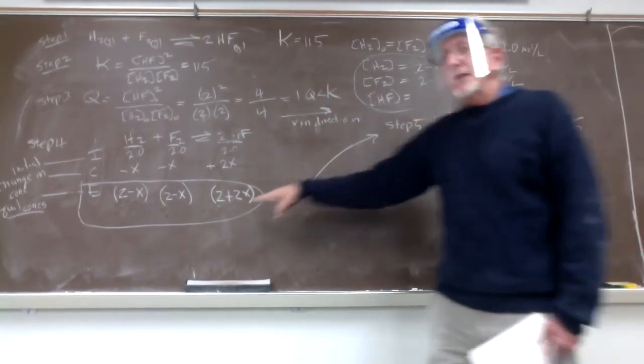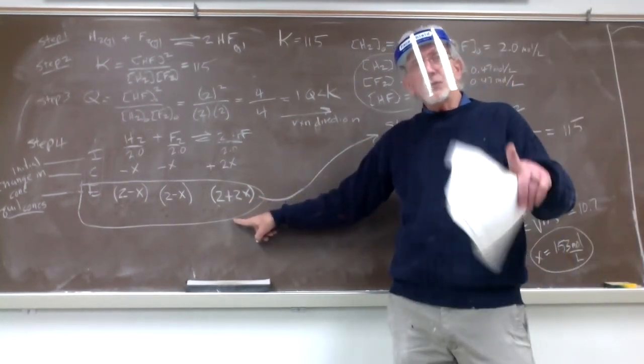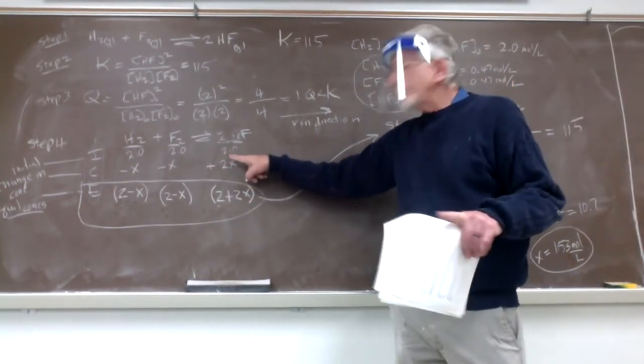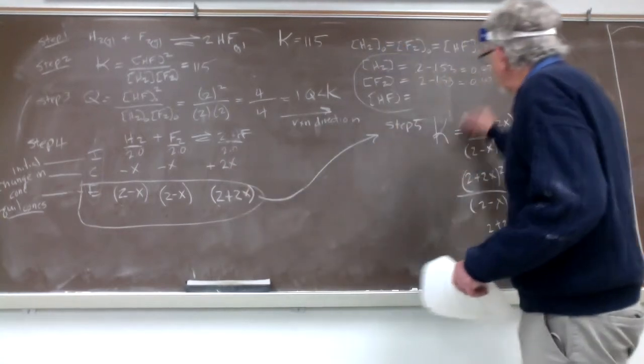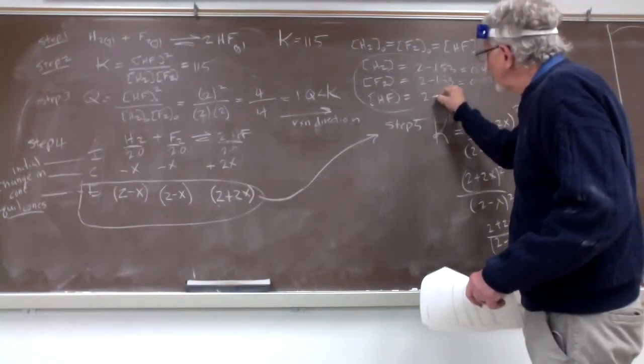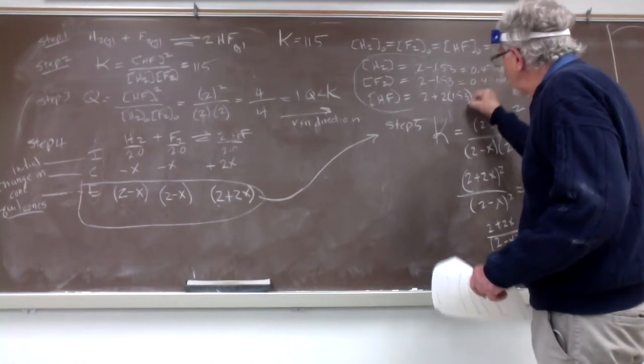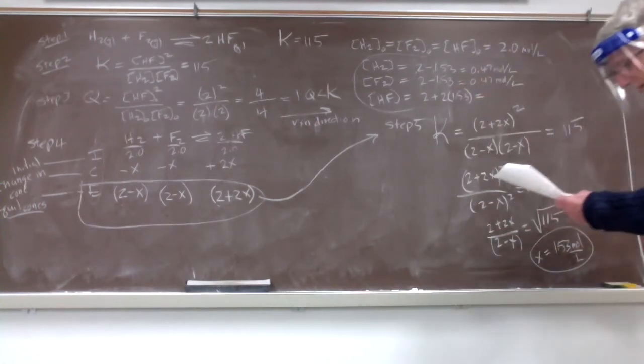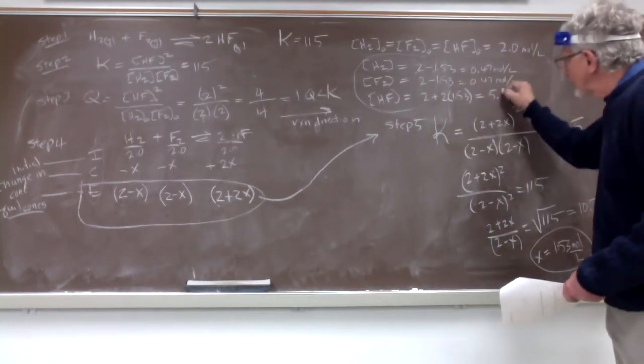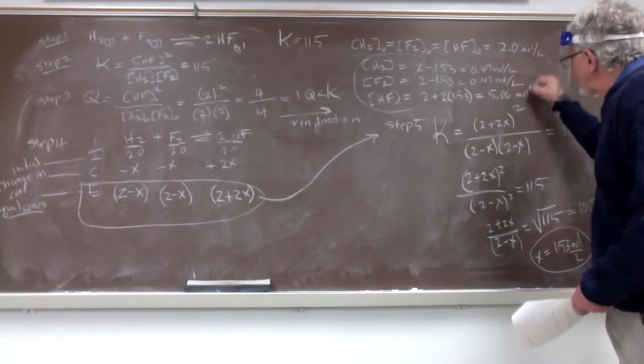HF, its concentration is going to be 2, where we started, plus 2x. So that will be 2 plus 2 times 1.53. And we do the arithmetic there, and we get 5.06 moles per liter.